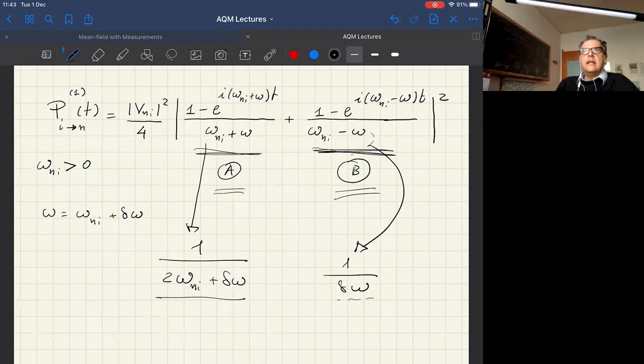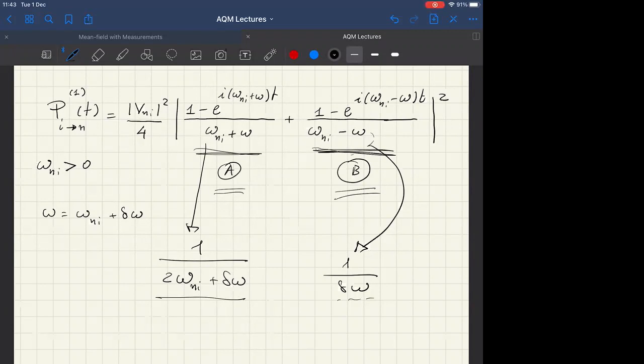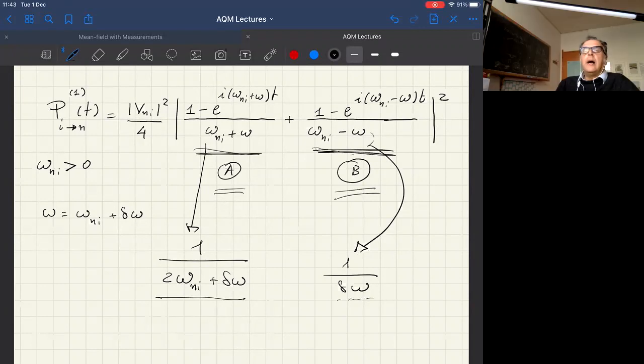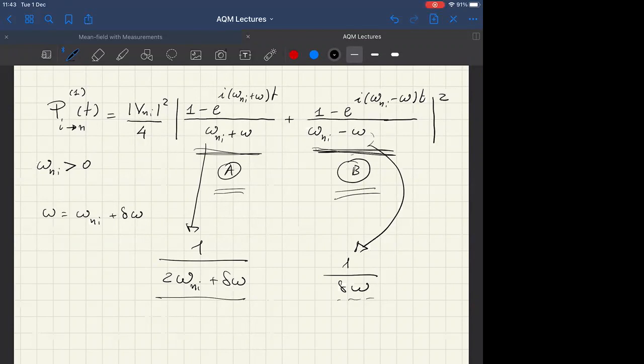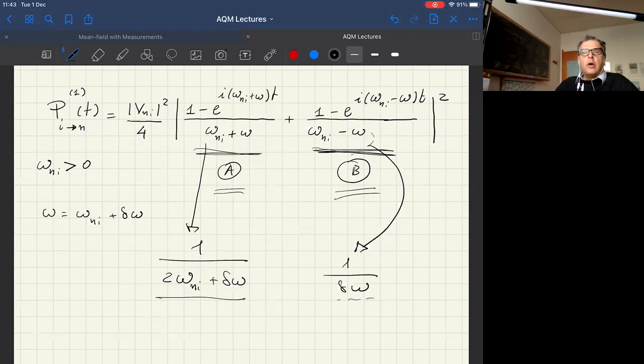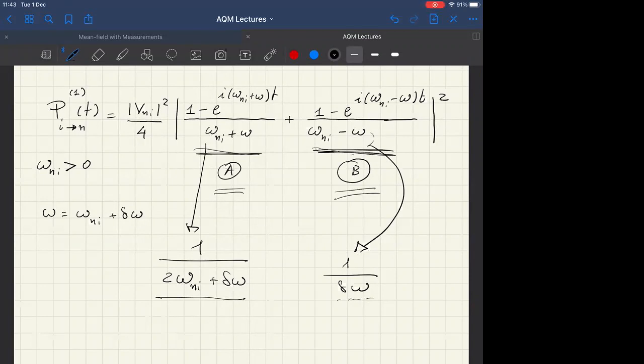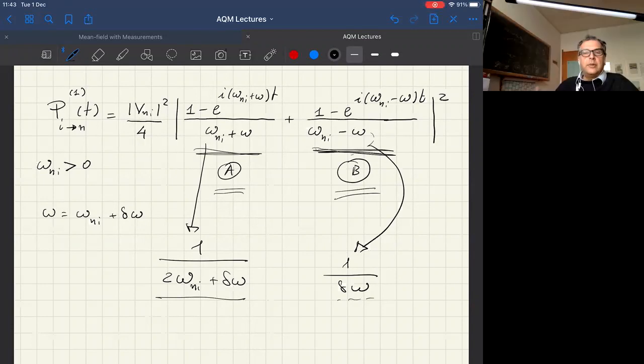So what is a resonance phenomenon? It's like you bring the system into its natural frequency. And what happens if you just perturb the system with a frequency close to the natural frequency? It's like blowing up. In classical mechanics, the amplitude of the oscillator becomes large.